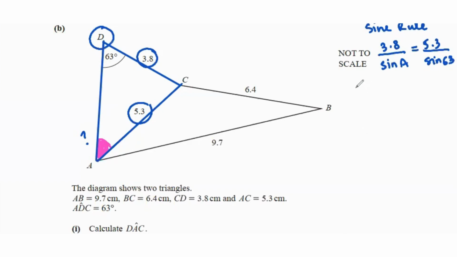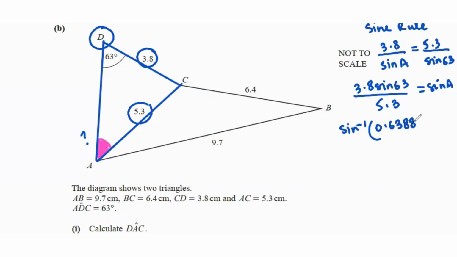So 3.8 times sine 63 over 5.3 equals sine of A, which is 0.6388. Take sine inverse of that, and that gives us 39.7 degrees. That is your angle A.